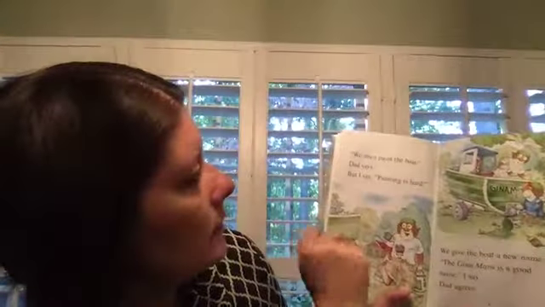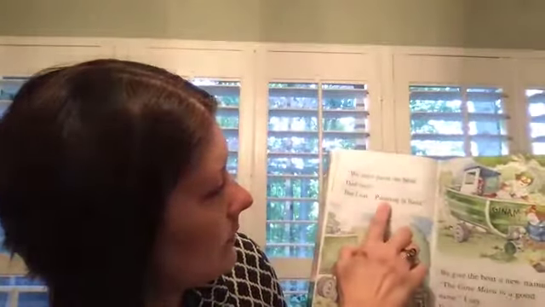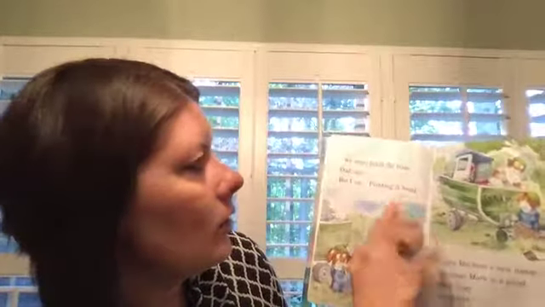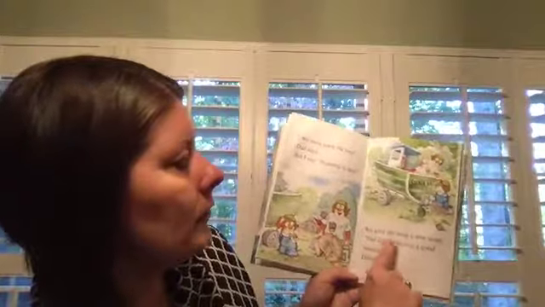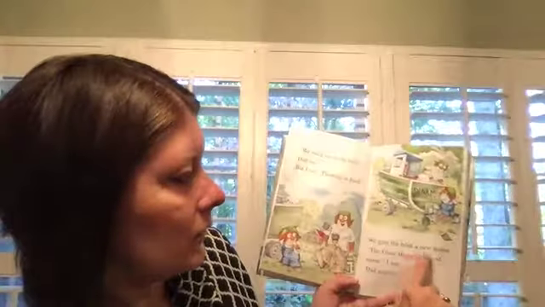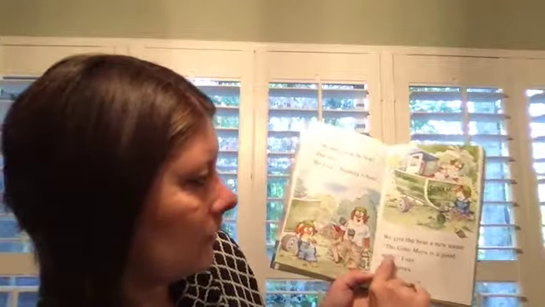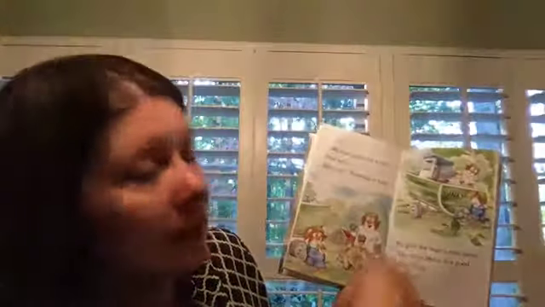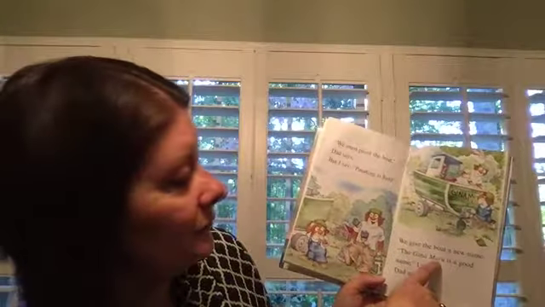Dad says, but I say, painting is hard. And if we look over here, we give the boat a new name. Now this, I looked at this and I thought this is going to be way too difficult to read, but I'm just going to help her through this one. The Gina Maru is a good name, I say. Dad agrees. And they're painting the words Gina Maru on the boat.